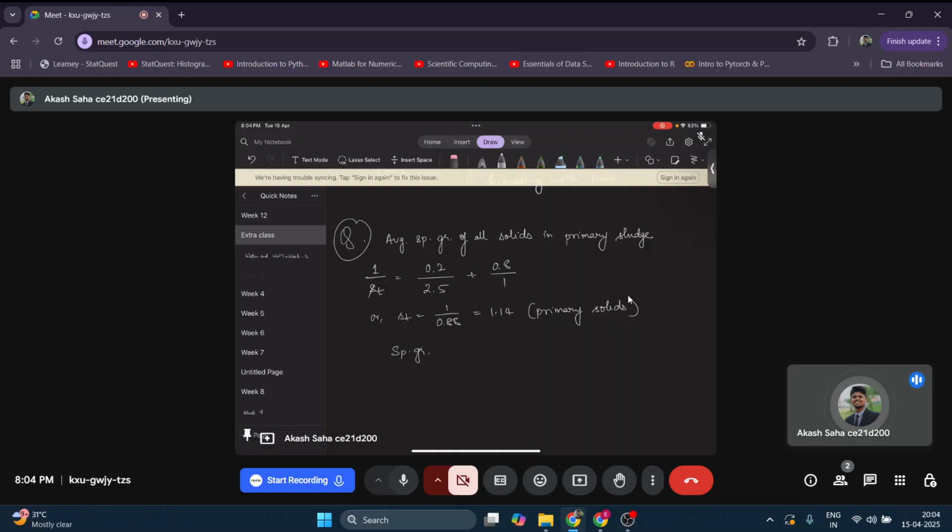Then specific gravity of primary sludge. So it will be 1 by Sp. So 95% is water, so 5% of solids that we just calculated plus 95% water.